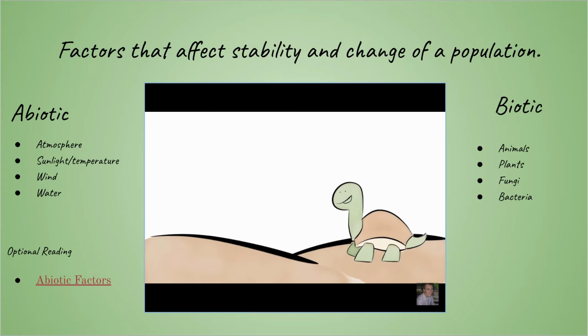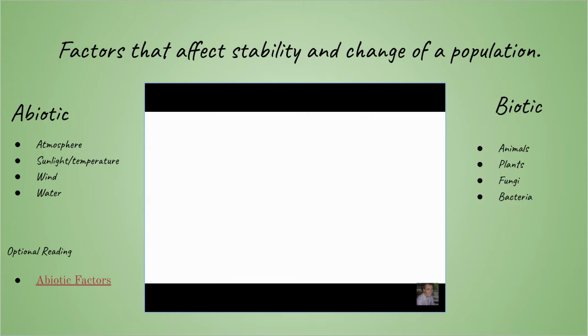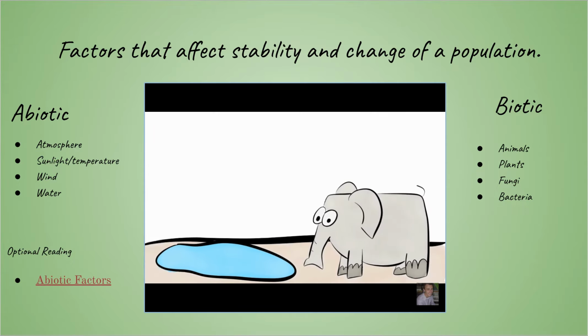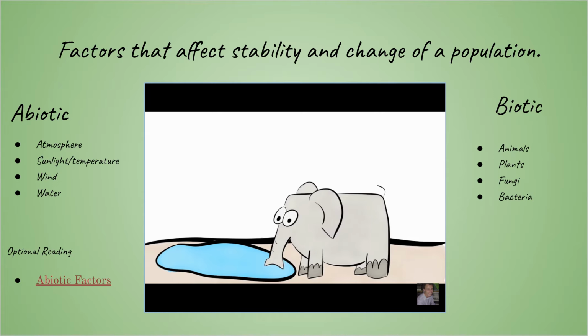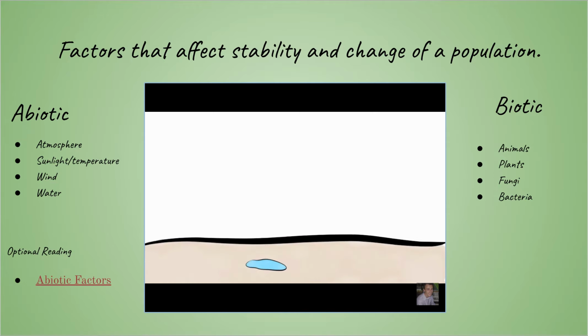Some turtles are known to bury themselves in the soil. When the temperature becomes too hot, turtles seek protection in the cool underground. Elephants and water interact as well. In order to stay hydrated, elephants drink water. In fact, all biotic factors need water to survive.